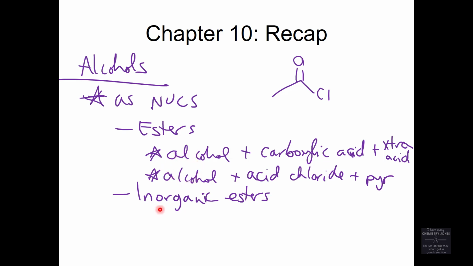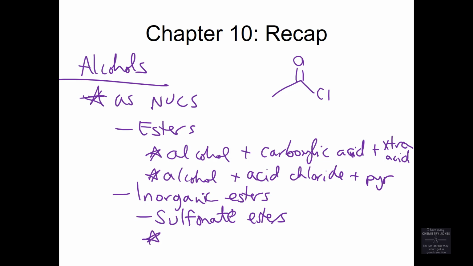Okay, now, back to where we were. We also made inorganic esters. We made sulfonate esters. We saw how phosphate esters react as well, but we didn't actually draw how a phosphate ester is made. So we did draw how a sulfonate ester is made.